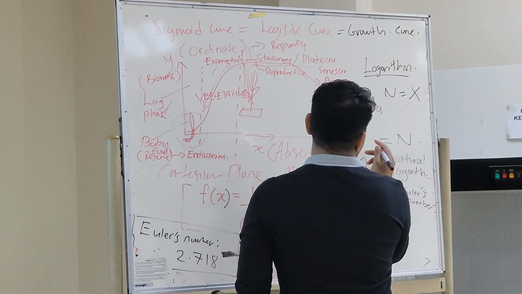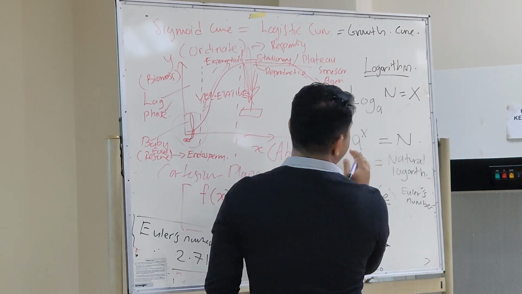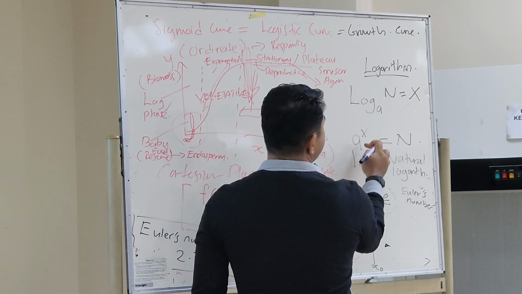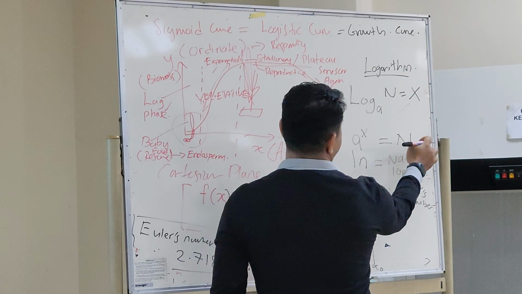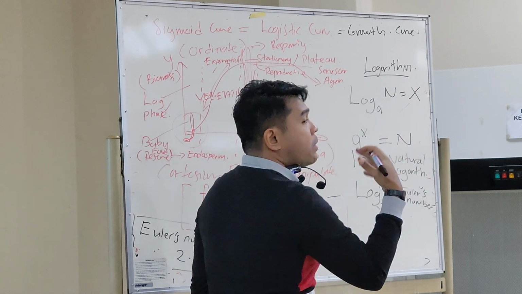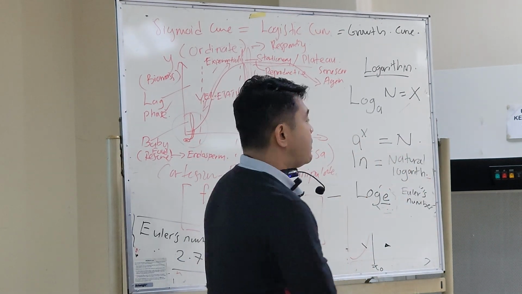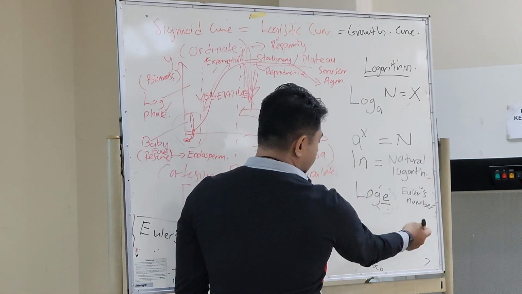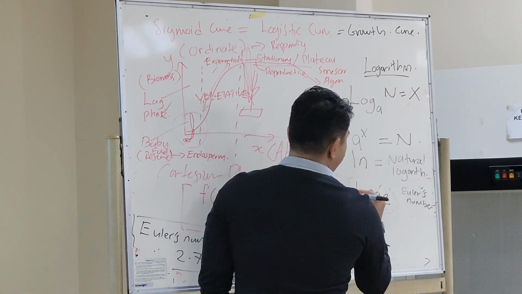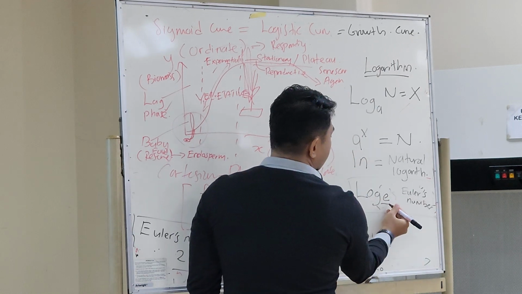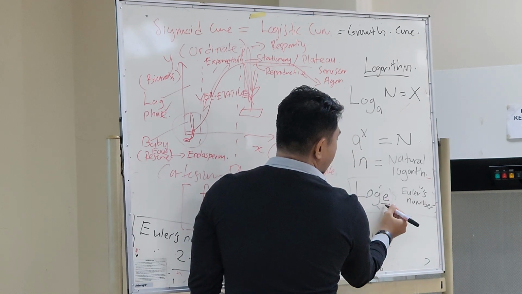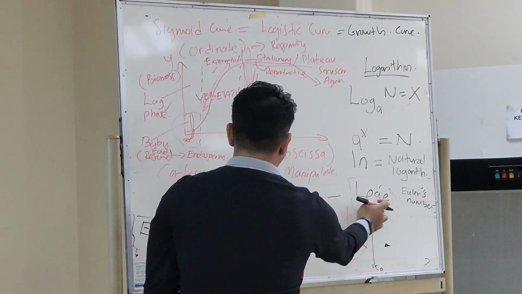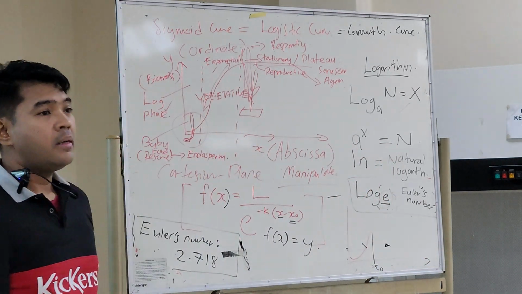So you can rewrite it in this form: a to the power of x, you get n again. And there is a special form of logarithm. It's called ln or natural logarithm. In natural logarithm, the base of your log is not just any random number, but Euler's number.